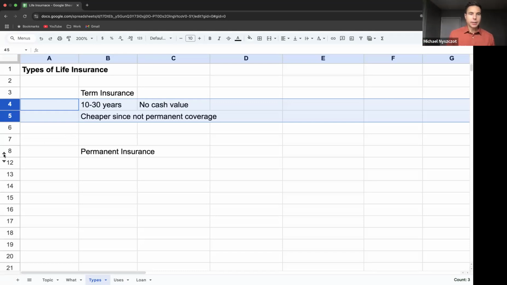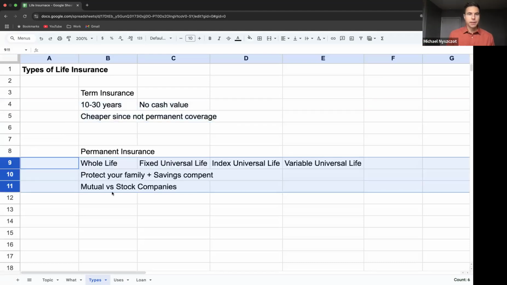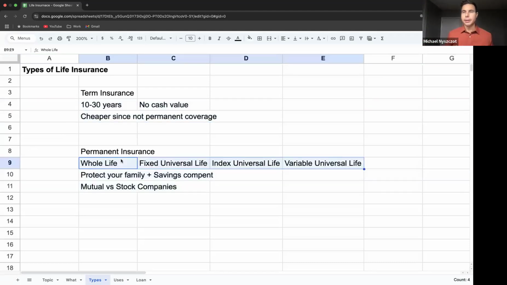The next main product category is permanent insurance. And there are essentially four product categories in permanent insurance. You have whole life, guaranteed or fixed universal life, indexed universal life, and variable life. And think of whole life, that product's been around for hundreds of years.